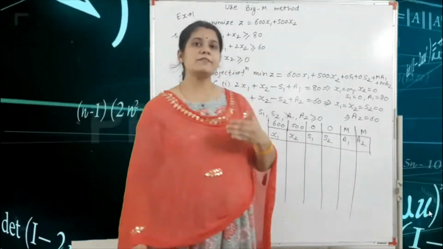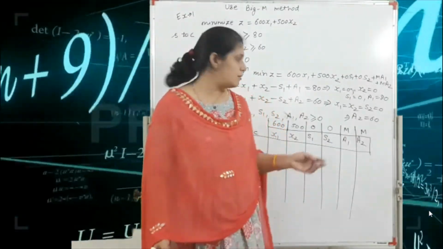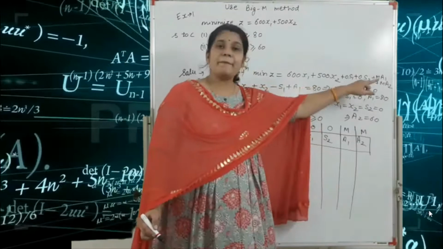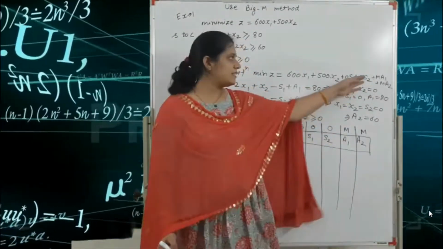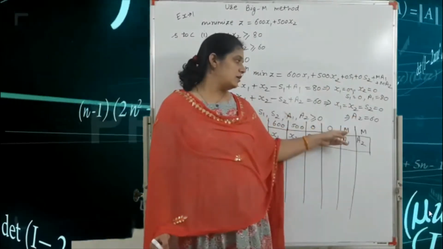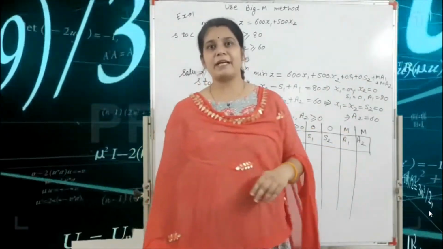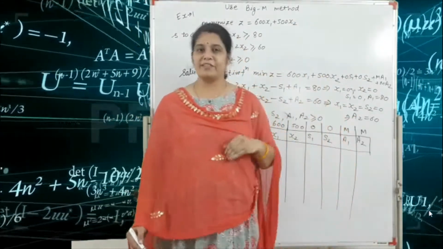If our question is given in the maximization form, we write minus M as the coefficient of a1 and a2.